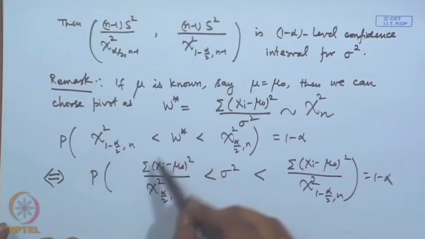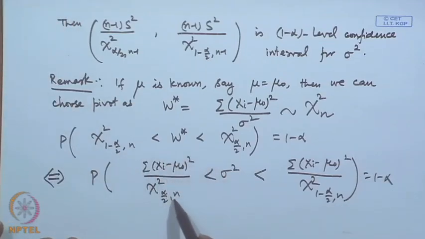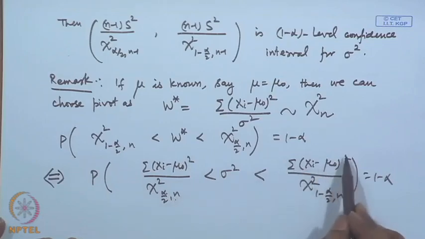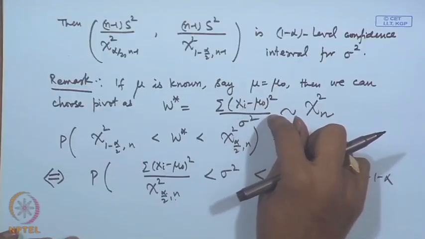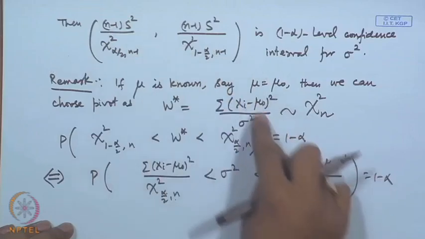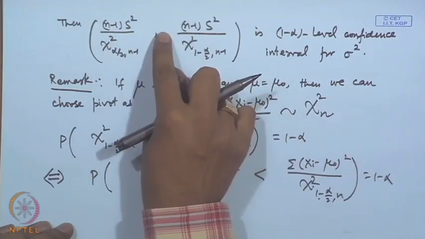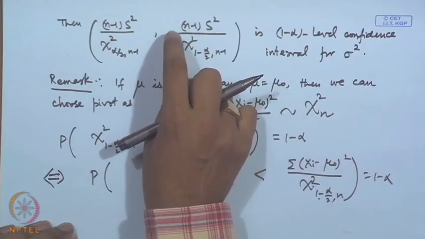So, this will be the 1 minus alpha level confidence interval for sigma square. When mu is known, we may use this, but when mu is unknown, then certainly we cannot use this and we make use of the earlier interval.